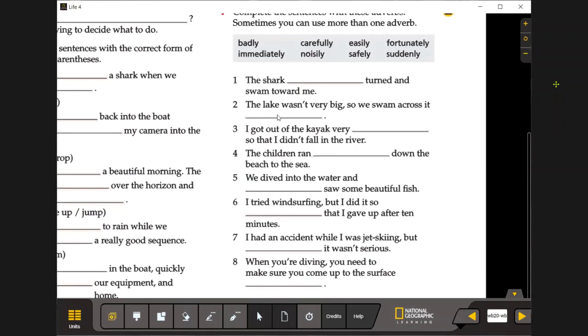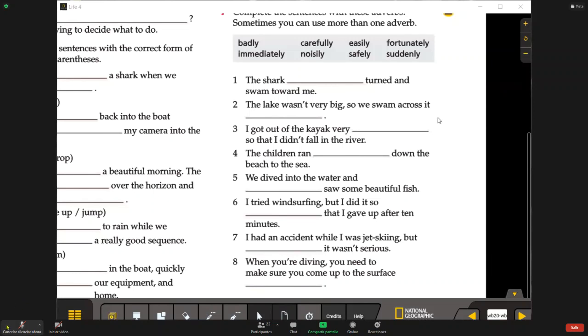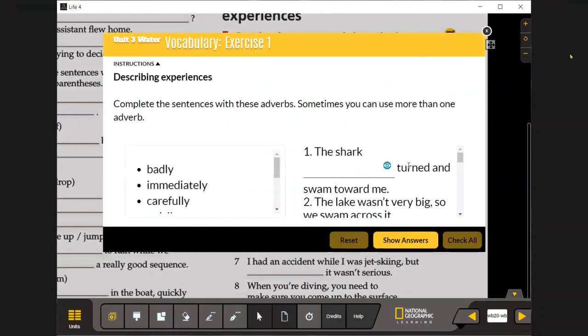Entonces empezamos con Jime Pastrana, ya está. Jime Barreto, yes, arrancamos con la número 1. Okay. The shark suddenly turned and swam toward me. Right. Pues déjame abrir el ejercicio para que no estemos batallando con las respuestas.